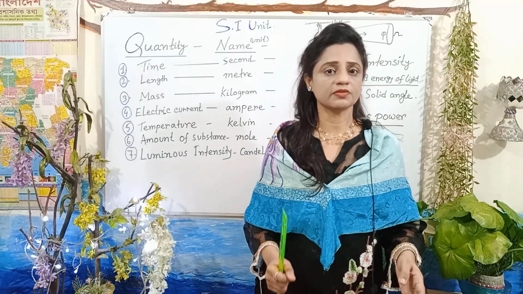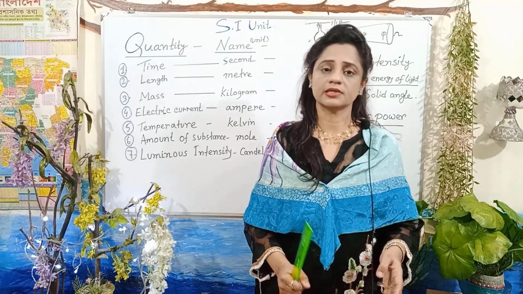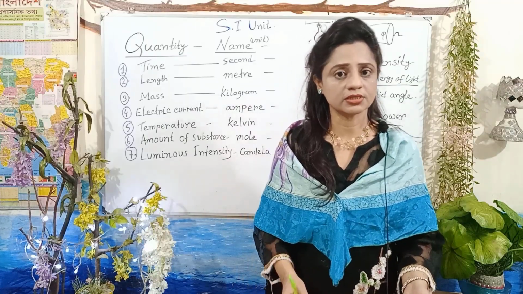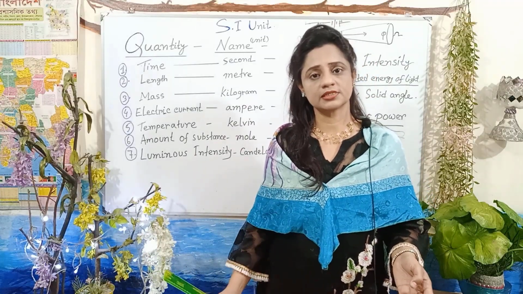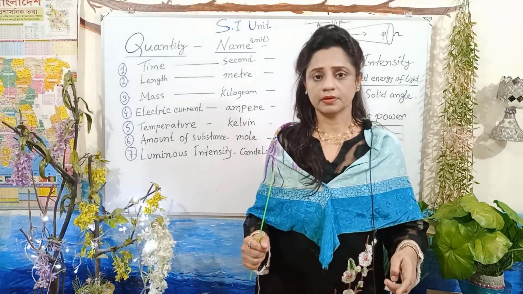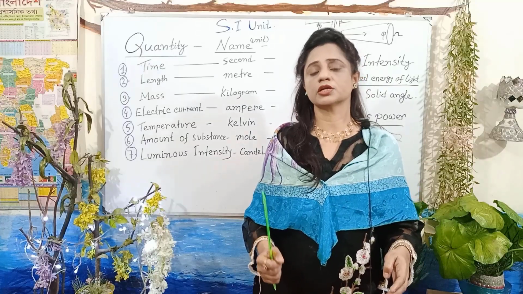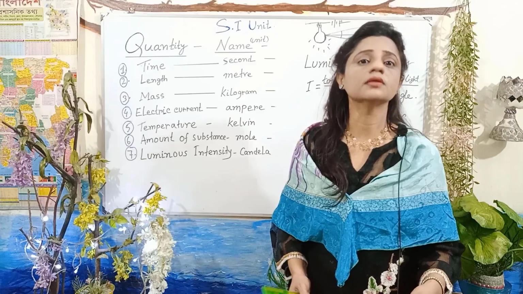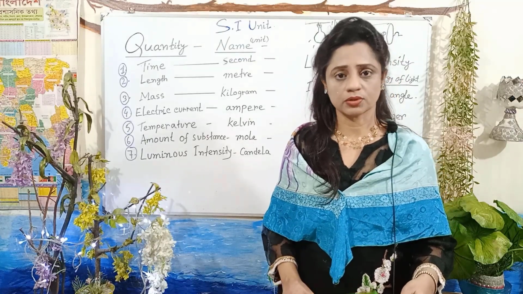There is a difference between displacement and distance: scalar and vector. Displacement is a vector quantity and distance is a scalar quantity. When direction is not mentioned or not needed, that is a scalar quantity. When direction is required, that is a vector quantity.